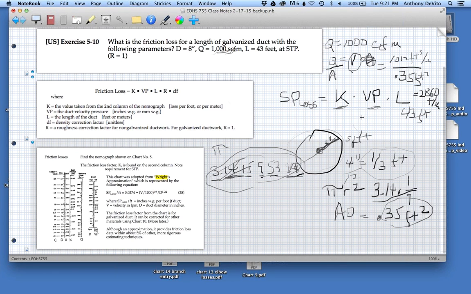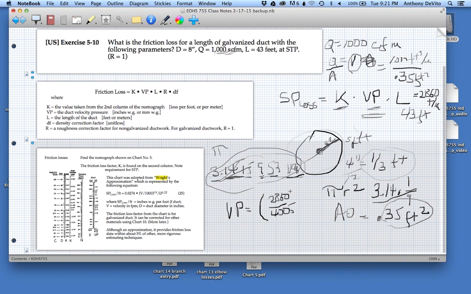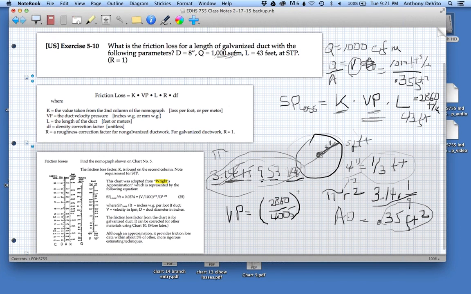I don't need velocity. I need velocity pressure. So now what do I have to do? I have to say my velocity pressure is equal to 2,860 over 4,005, squared. Tedious, right? But not difficult, just a little tedious. Again, standard temperature and pressure, so I don't need that density correction factor.